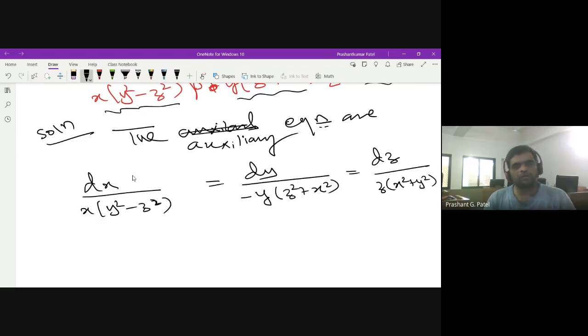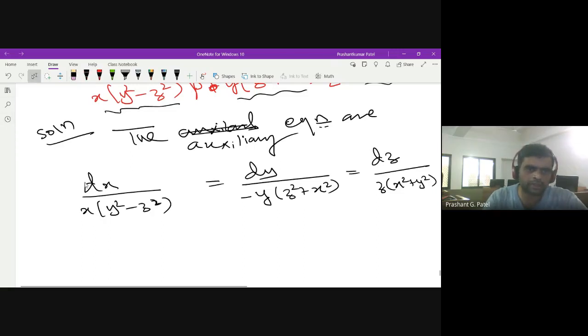Till now we were just comparing two of these equations and we got the solution, but that will not happen in this example. So you have to use a different technique. If I add dx plus dy plus dz, the denominator will be 0, but that cannot be done either.